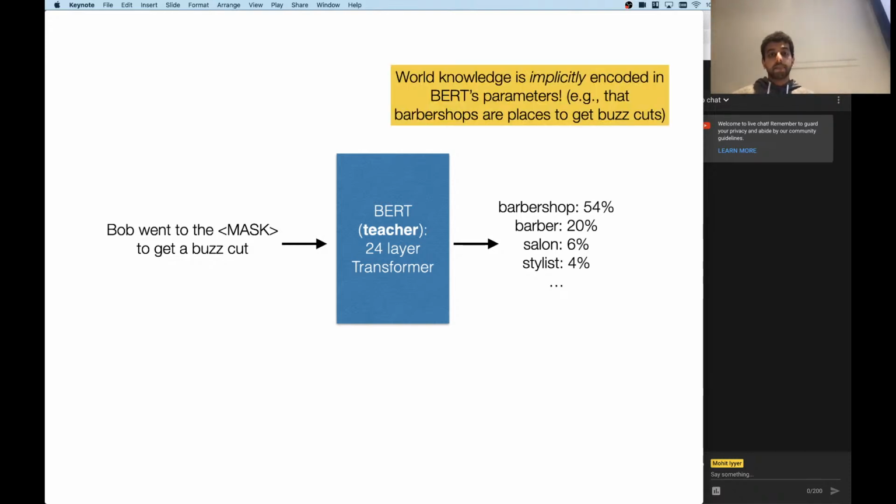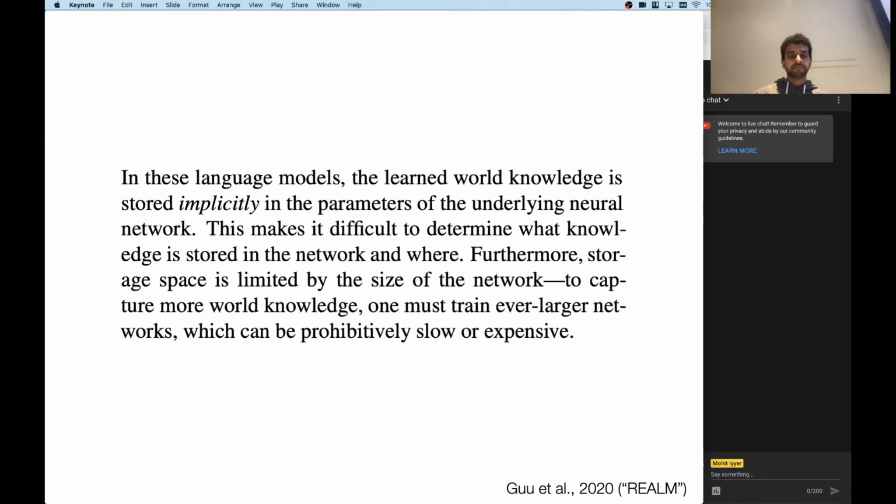And so BERT is actually showing that it's encoded some world knowledge about like where you get haircuts and so on. So possibly augmenting BERT with knowledge of something like a barbershop is where you get your haircut is not particularly useful because during its pre-training phase, it already was able to encode information about this concept.